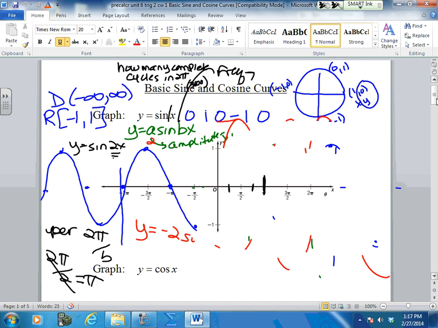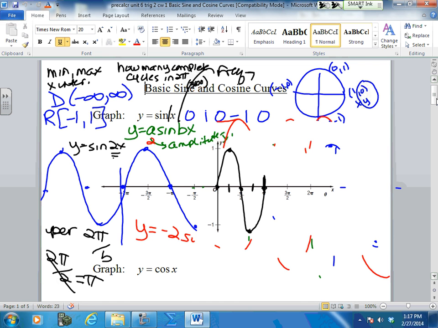So watch my pattern: 0, 1, 0, -1, 0. I don't really care about my in-betweens. All I care about is my quadrants, my major points: my mins, my maxes, and my intercepts. I need a min, a max, and an x-intercept. That's what my 4 quadrants give me.